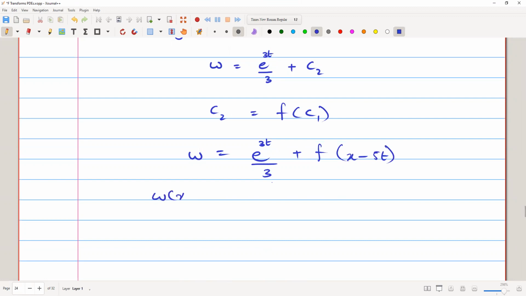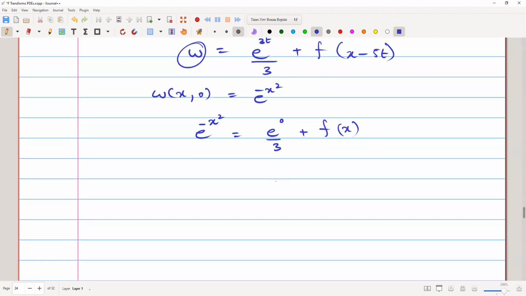The initial condition we have is w(x,0) equals e to the power negative x squared. So just plug in e to the power negative x squared in place of w, equals e to the power 0 over 3 plus f of x. All right, so we have f of x equals e to the power negative x squared minus 1 over 3.